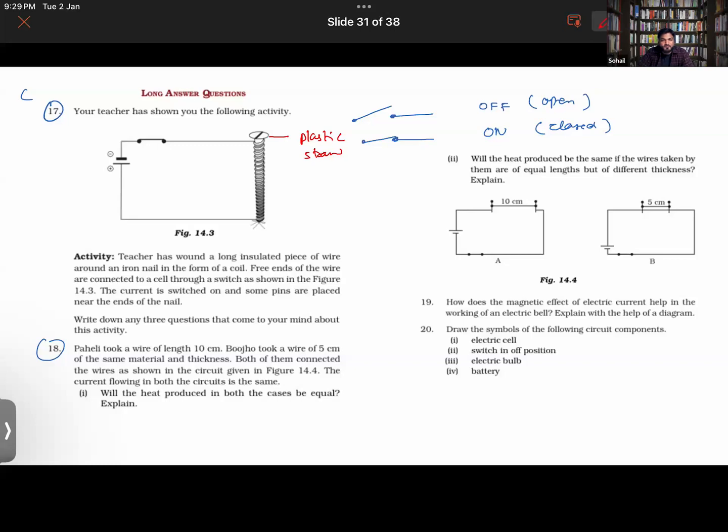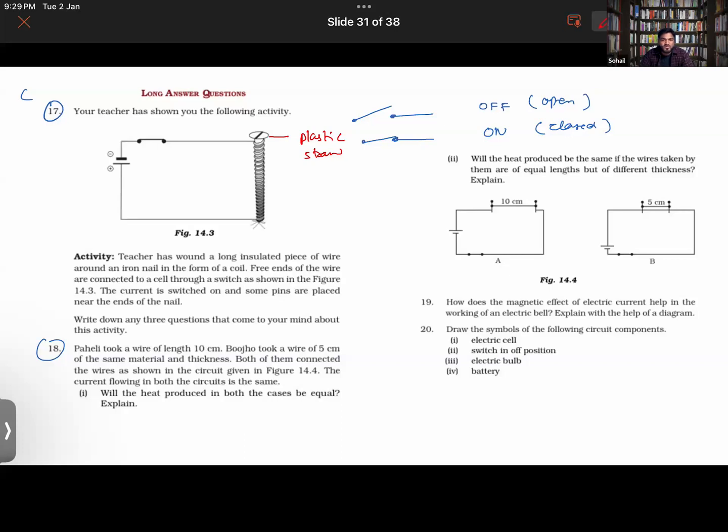If it has low resistance, more current will flow through it, and hence more magnetism will be generated. So that question can also be applied, and that will also affect it.